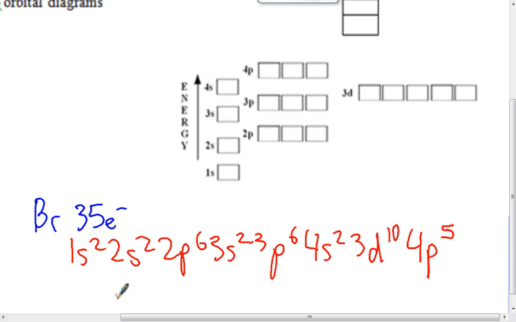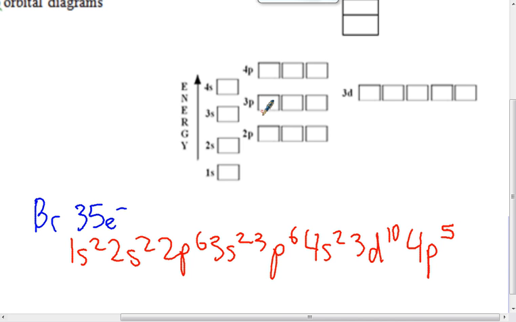And I had a good question from Sir Bill back there. Like, the beginning is all full. We're not going to ask you to do the entire thing. We're probably going to get focused in on just the interesting one. And the only interesting one really for bromine would probably be the very last one, because everything else is completely full.